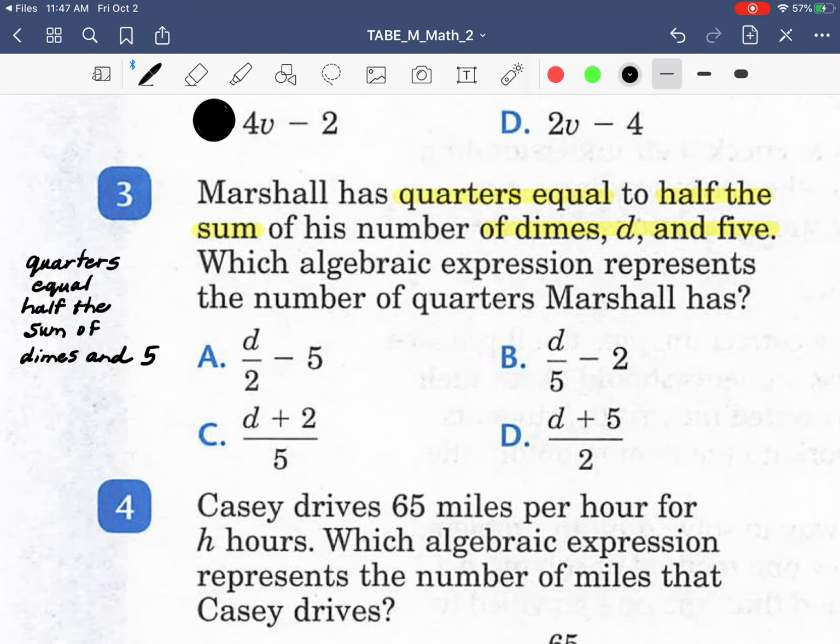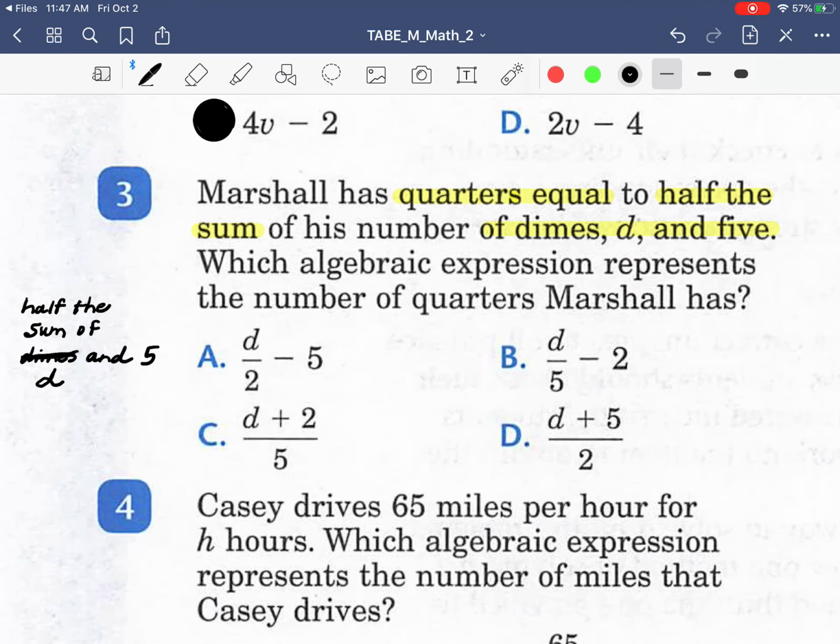Okay, now remember, we don't want an equal sign. These are expressions. So I'm going to take out quarters and equal. We don't want to use an equal sign. Dimes I'm going to replace with the letter D. So we have half the sum of 5 and D.